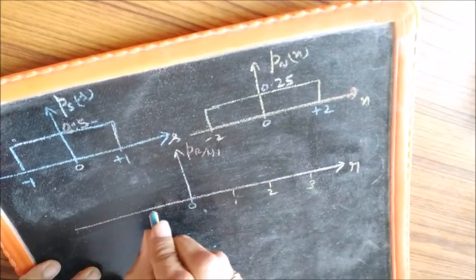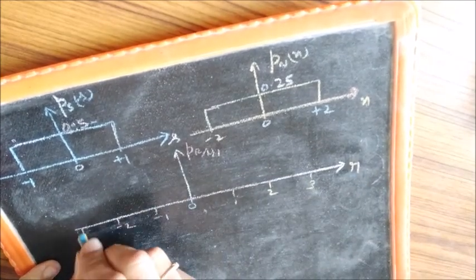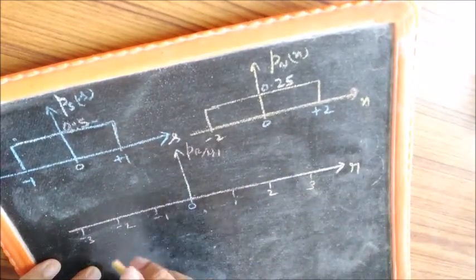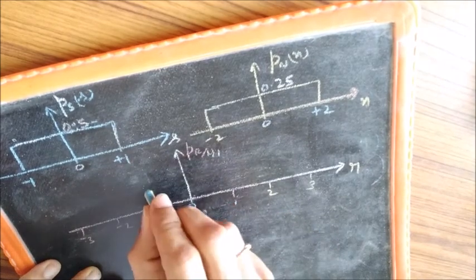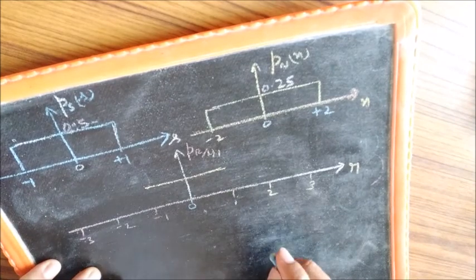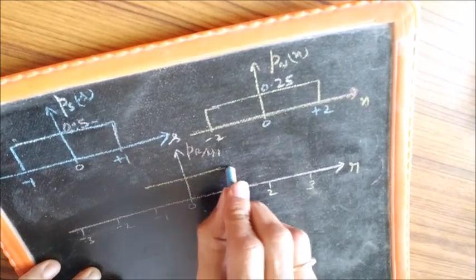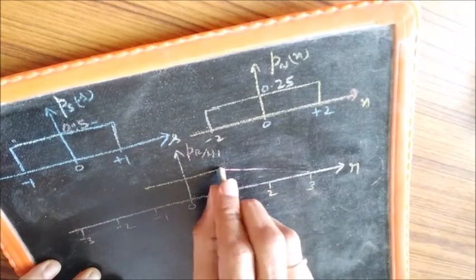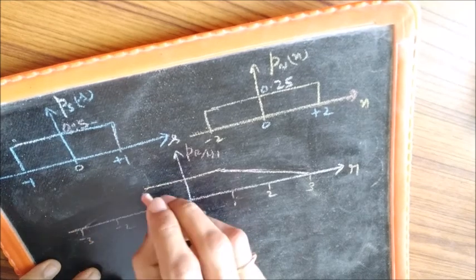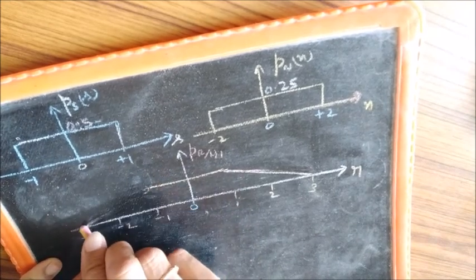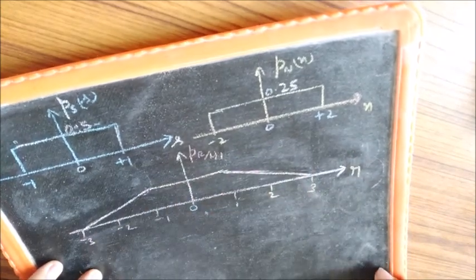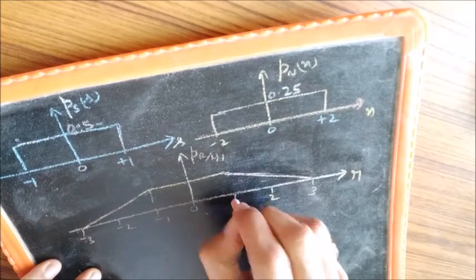You can easily visualize that it's going to extend from plus 3 to minus 3, and from minus 1 to 1 it will be flat, and from 1 to 3 it will drop gradually in the form of a straight line. And the complementary happens here, in the sense from minus 3 to minus 1 you will have a positive slope, and this is how the convolution of these two looks.